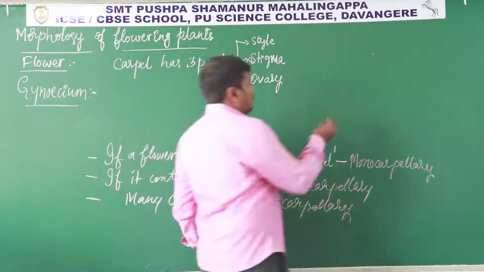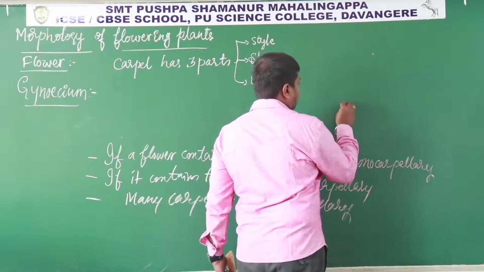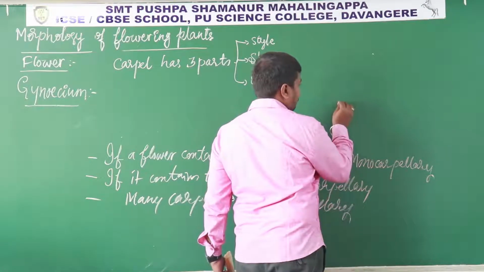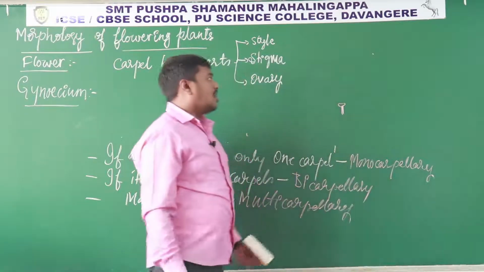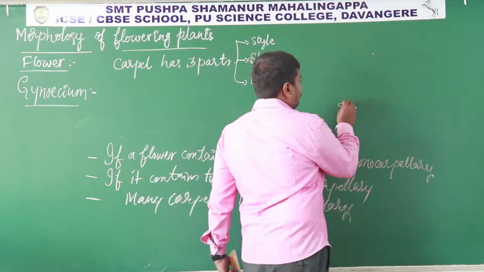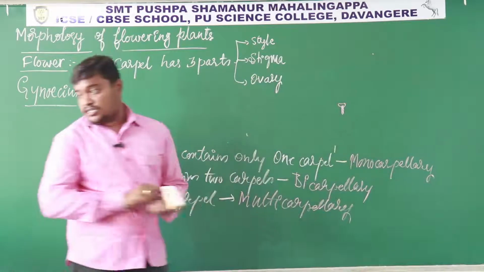Here, a slightly swollen stalk is called the thalamus. On this thalamus, the ovary is situated.